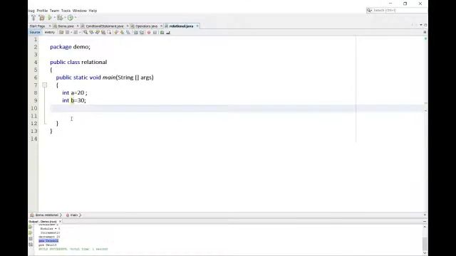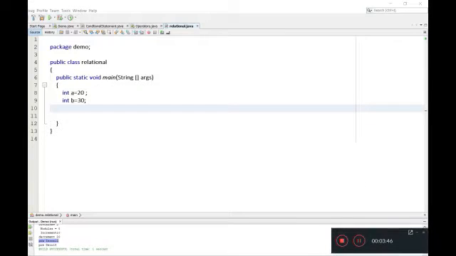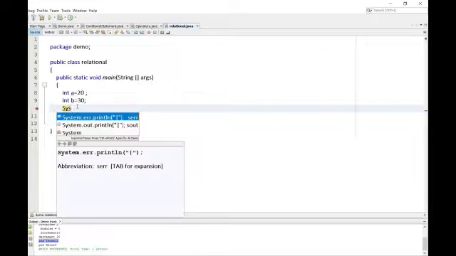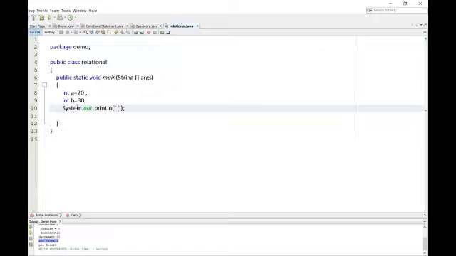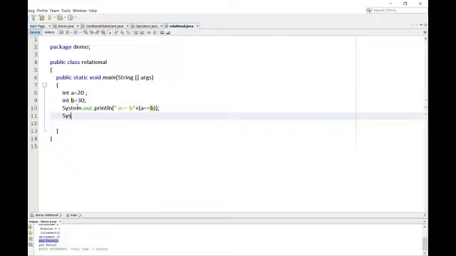So in order to do it programmatically, write down like that: system dot out dot print A is equivalent to B if A equivalent to B. Similarly, system.out.println A is not equal to B, then we are going to have like this plus A not equivalent to B.